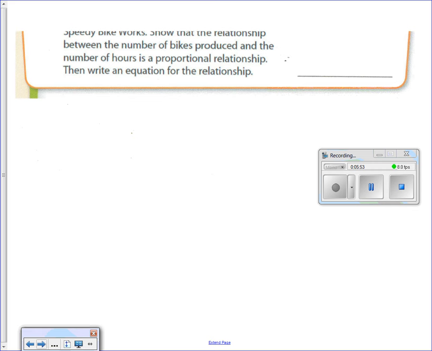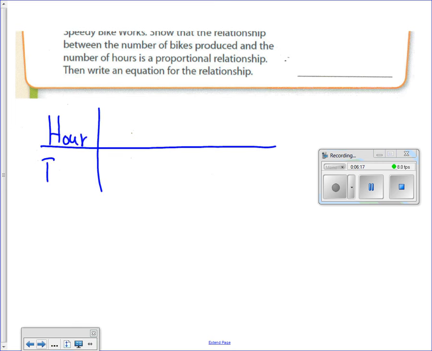Okay, the next one is a little cut off, but it says 15 bicycles are produced each hour at the speed bike works. Show the relationship between the number of bikes produced and the number of hours is a proportional relationship. Write the equation for the relationship. All right, just like the first, we're going to make a table. Hours again, time on top, and then bikes.